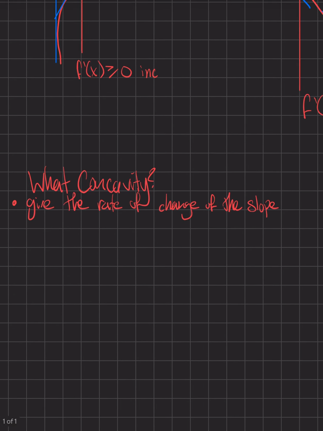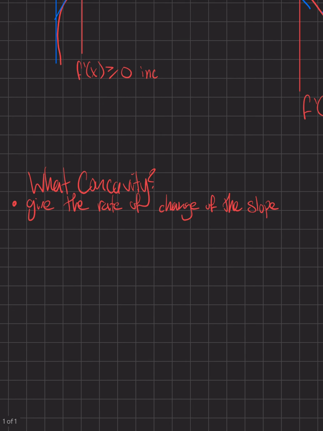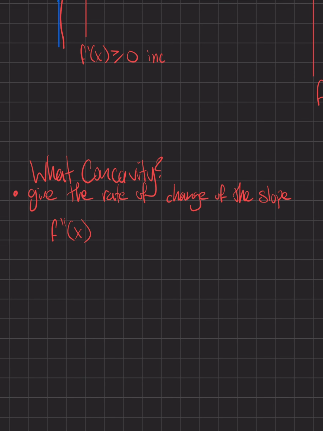So what exactly does that mean? How can you mathematically describe it? Essentially, this is going over the second derivative, right? And what we need to know about that is kind of like how we did before when we were figuring out whether a function's increasing or decreasing.